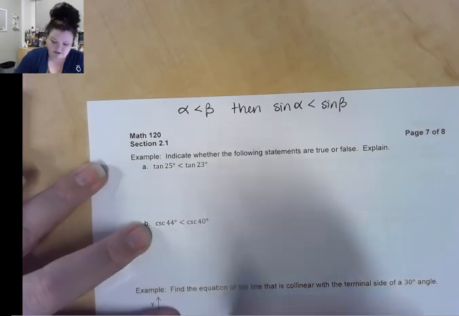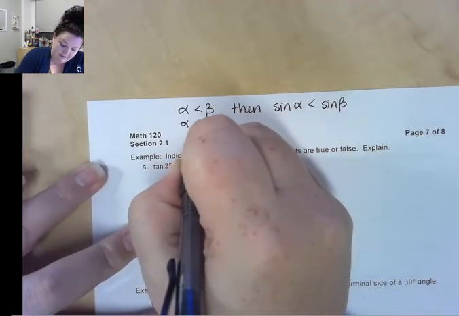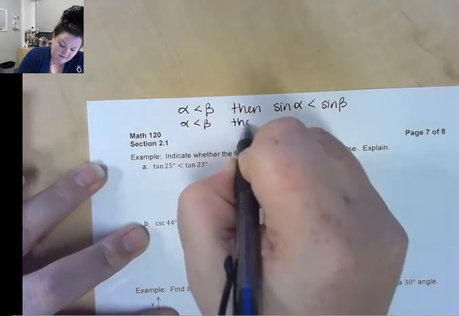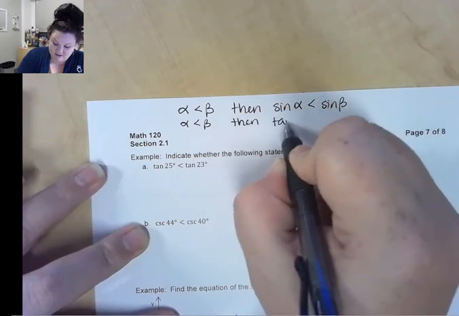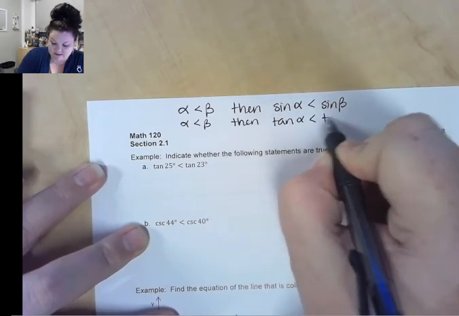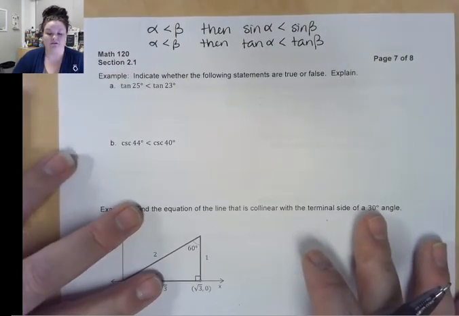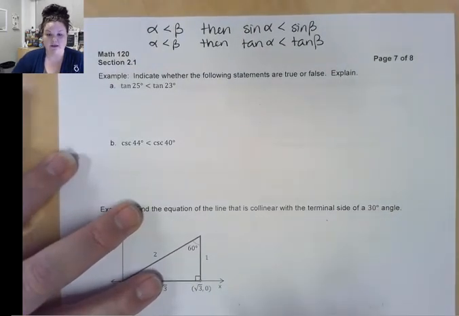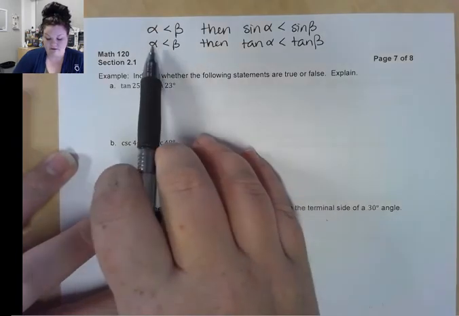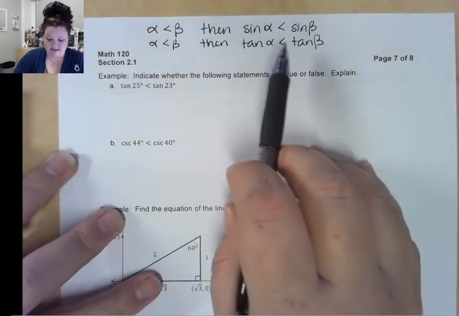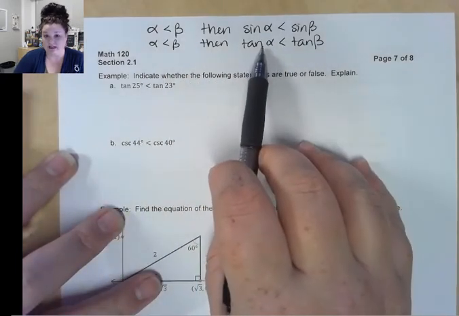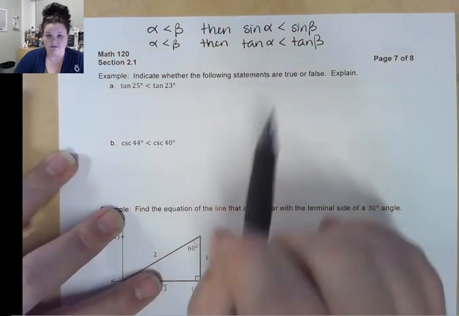Same thing with tangent, right? If we have alpha is less than beta, then tangent alpha is less than tangent beta. This is just our math way of writing these things, right? So if alpha is the smaller angle, then tangent alpha should be the smaller tangent value. Same thing with sine.